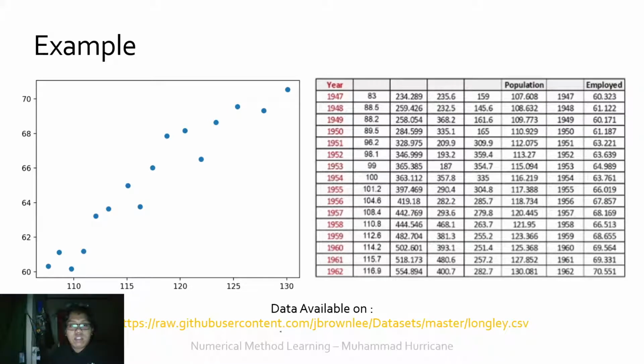Next, for example, we have data gathered like this. It's scattered data, which consists of the population data as the x, and the employed people as the y.